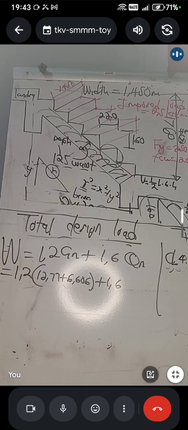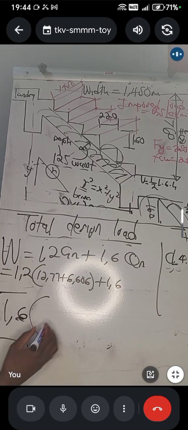you are given something there, so you need to solve. You are going to take the imposed load that is given, you multiply it with the width, and you multiply it with the base of the staircase. So this is what I mean. We can just 1.6.